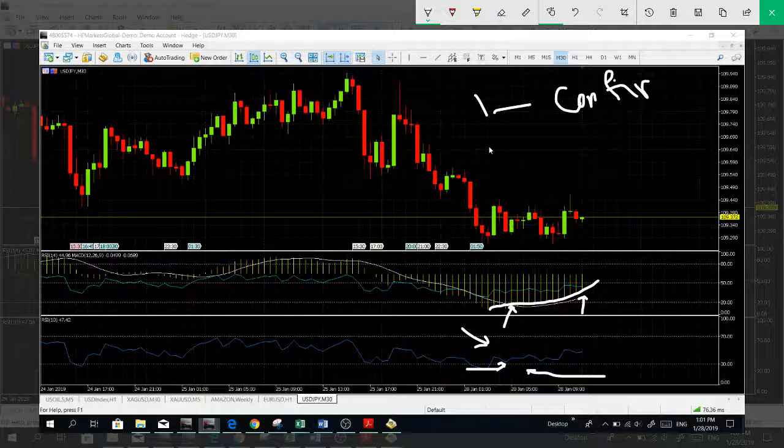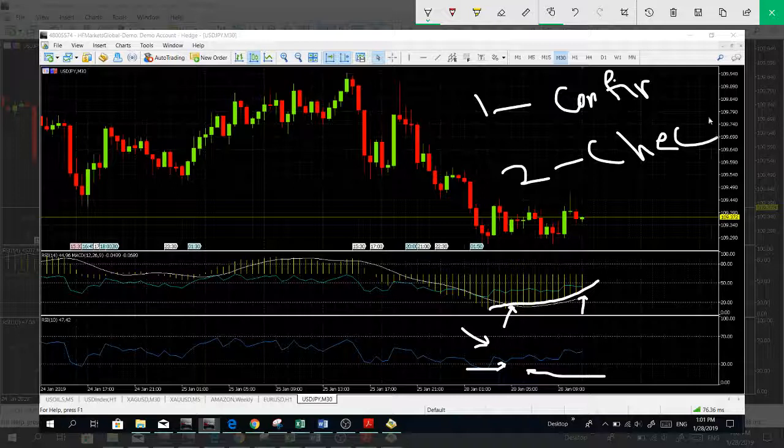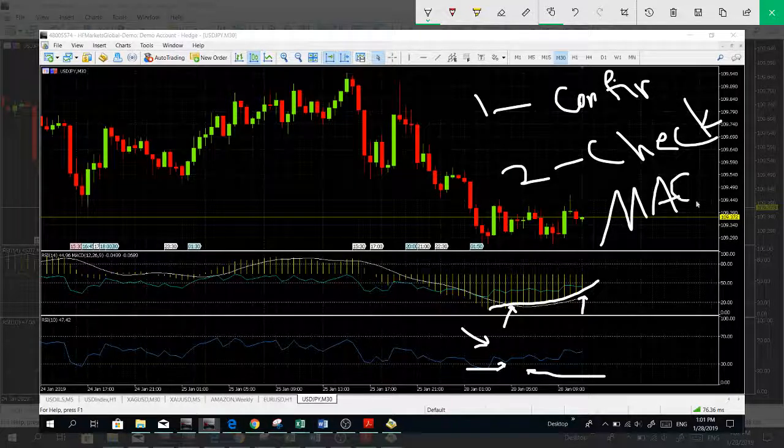Confirmation is the second signal of the RSI. Second, check with the MACD. When the MACD and RSI give the same signal, it is more trustworthy than going with just the RSI signal or the MACD signal.